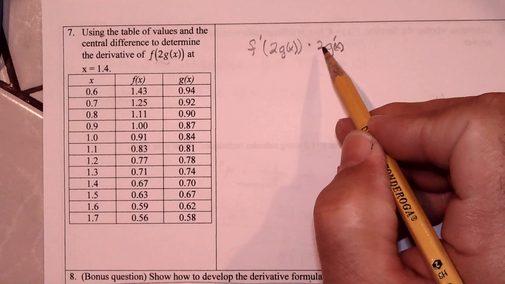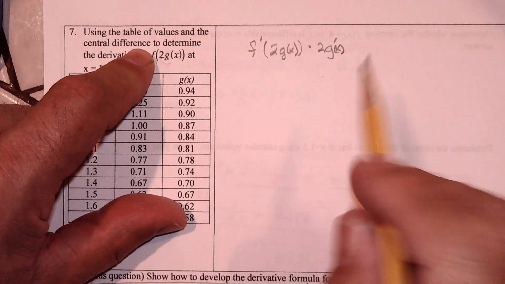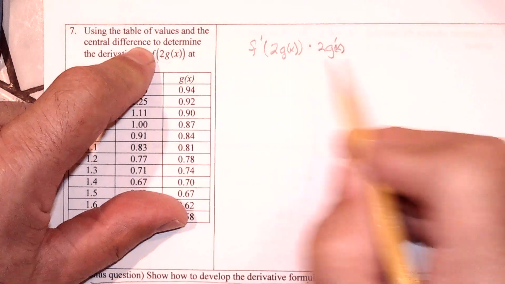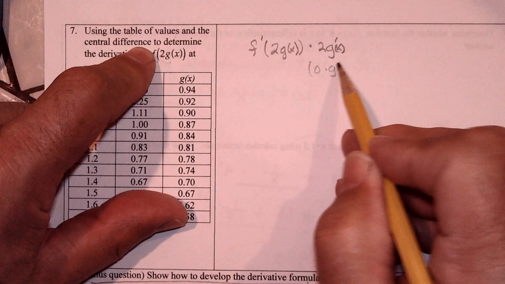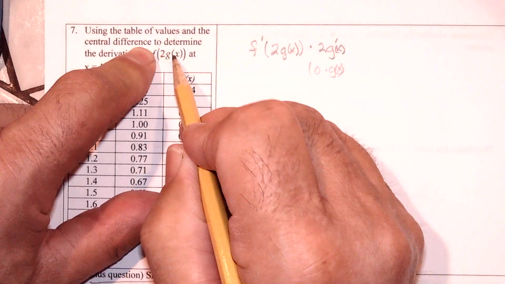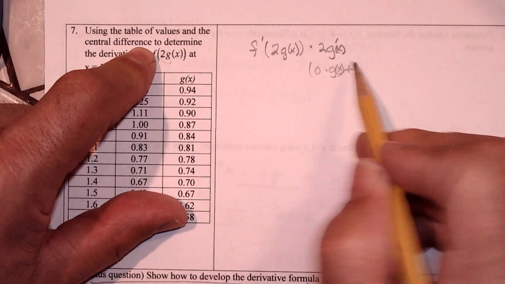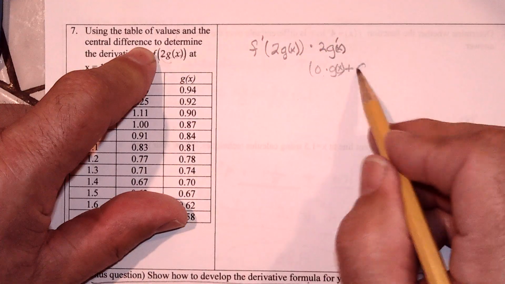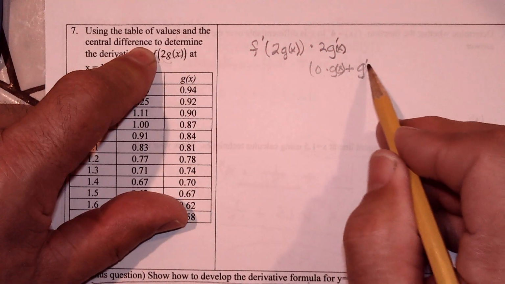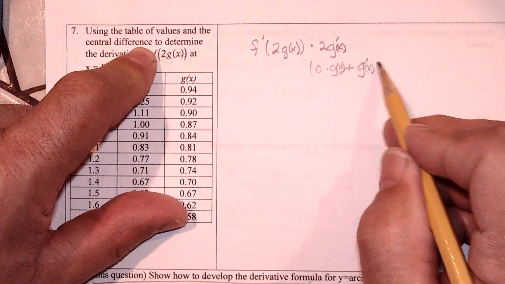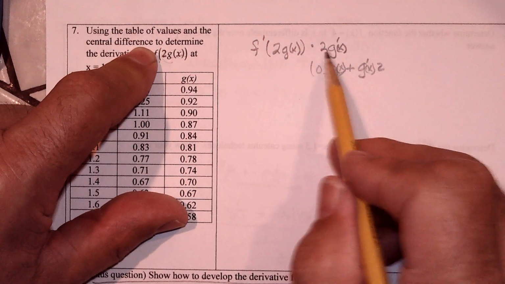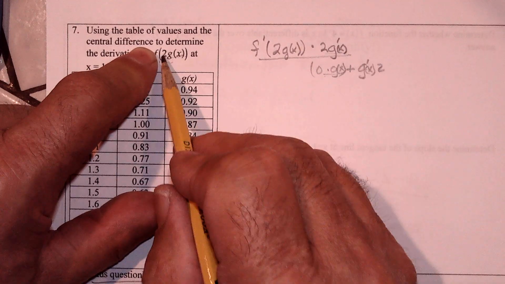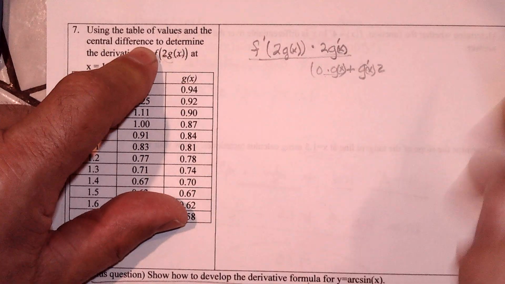Now, if you had used the product rule on the inside, you would get the same thing, because you would do the derivative of the first, which is 0, times g of x, plus the derivative of the second times the first, and notice you get 2 times g prime of x plus 0. So you could have used the product rule, but it's this.